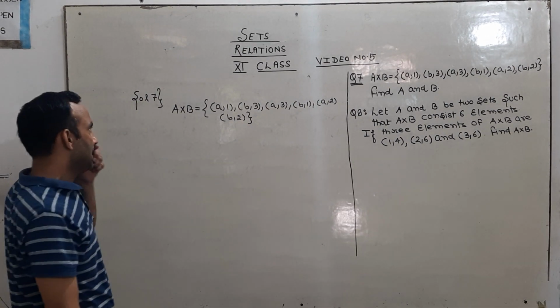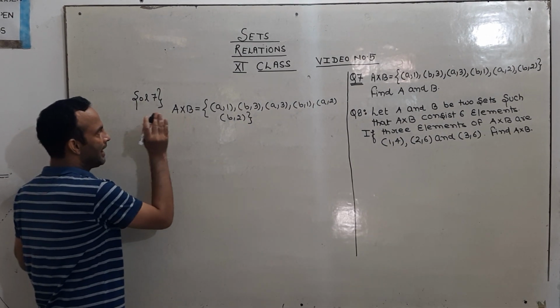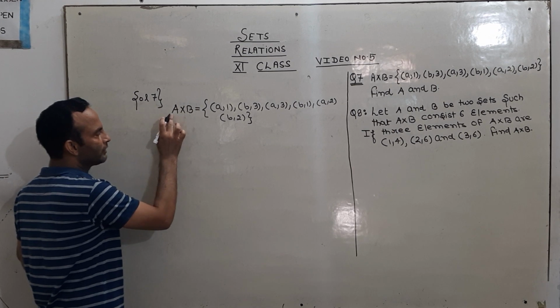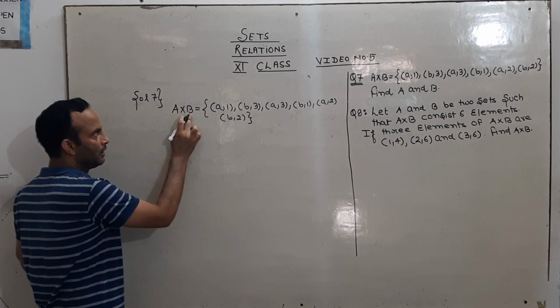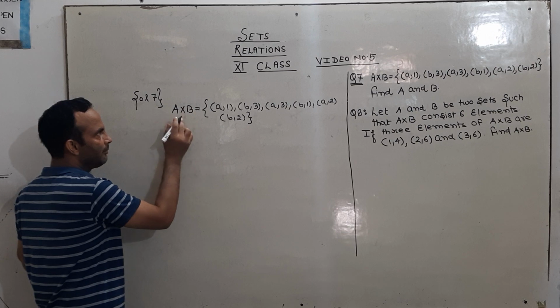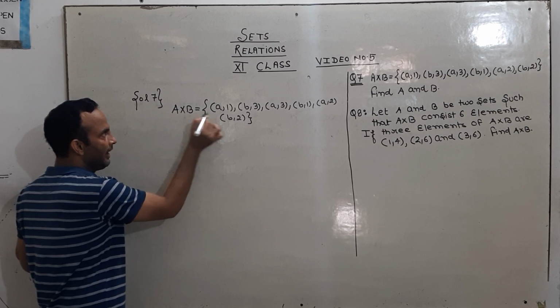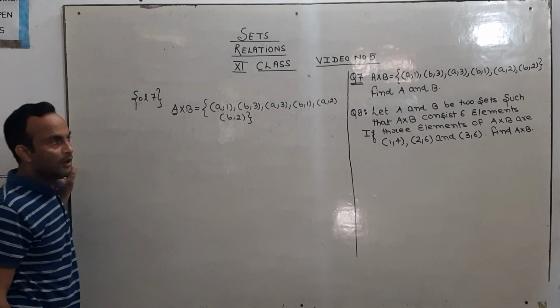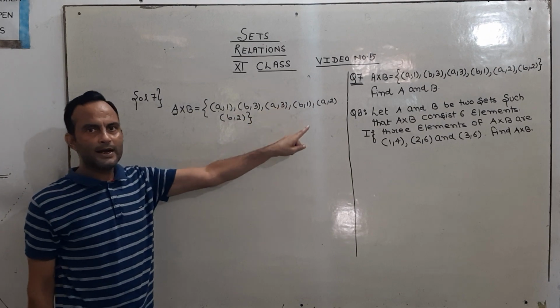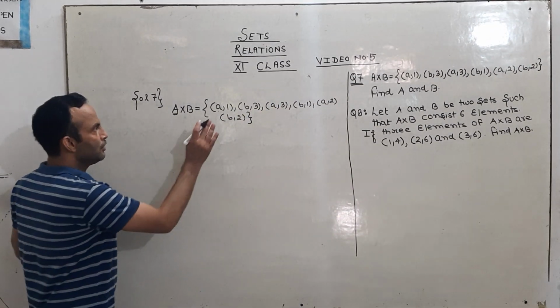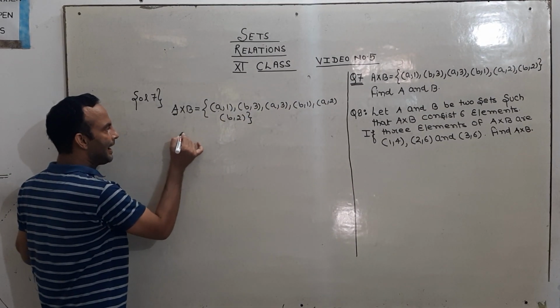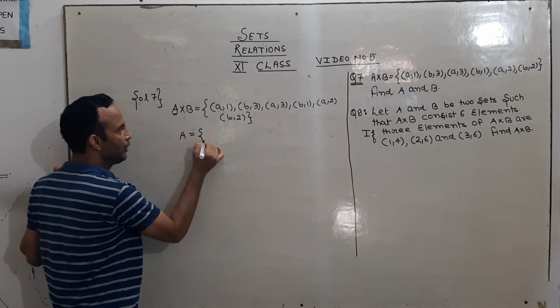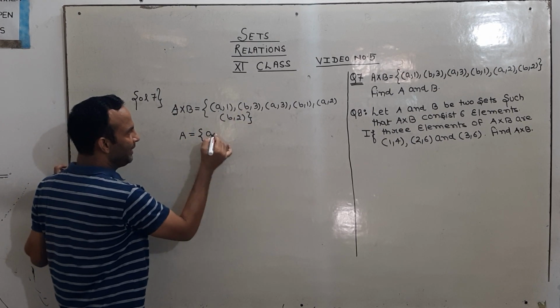Find A and B. My dear student, I have already told you the meaning of the Cartesian product between A and B. What does this mean? It means the first element of the ordered pair, or you can say the first component of the ordered pair, must belong to the set A. All the first components belong to the set A. So from this we conclude that set A is equal to {a, b}.